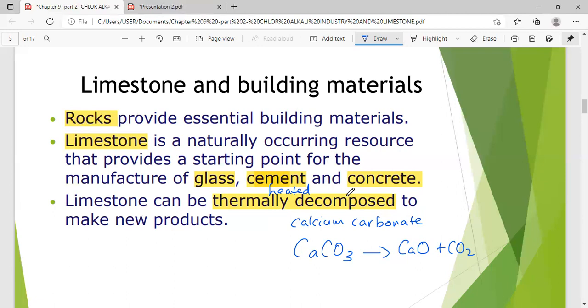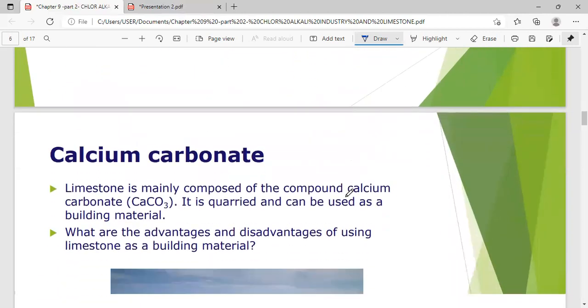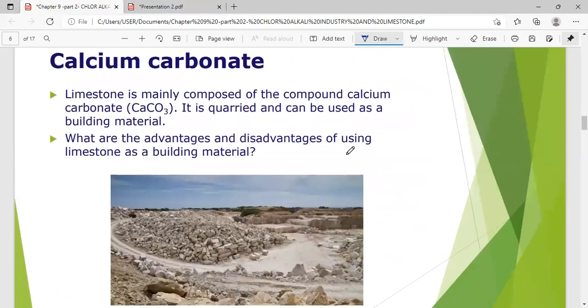Let's see what are the properties of calcium carbonate. Calcium carbonate is the chemical name for limestone. As I mentioned earlier, it is quarried and can be used as a building material.